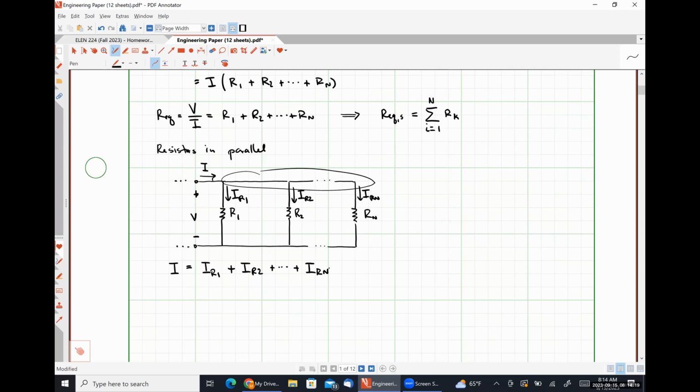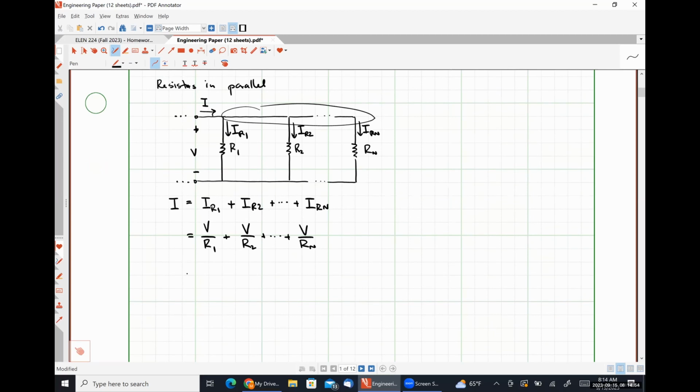Now, once again, I'm going to use Ohm's law to express all of my resistor currents in terms of the common voltage V. Because all of these resistors are in parallel, they have the same exact voltage drop over them, which I've labeled as that voltage V. And so what we'll get is that I is equal to V divided by R1 plus V divided by R2 all the way out to V divided by R sub n.